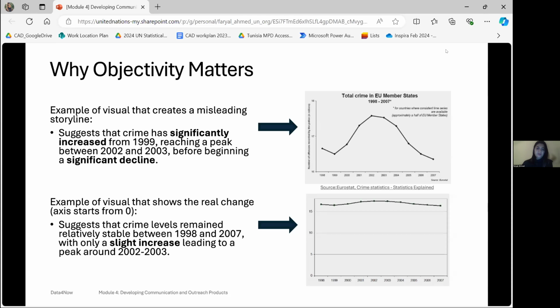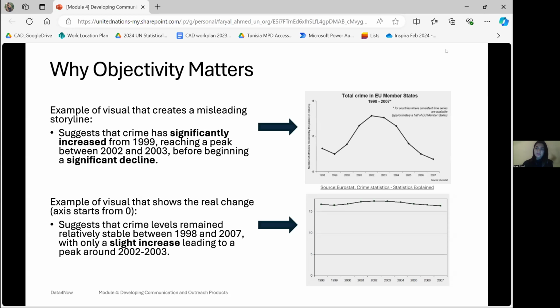But if you look at the bottom graph and change the scale on the y-axis, you see that there's not much of a difference across the years. It's really changing the visual from an axis starting from 0 compared to starting at a higher number. It immediately changes what the audience sees.